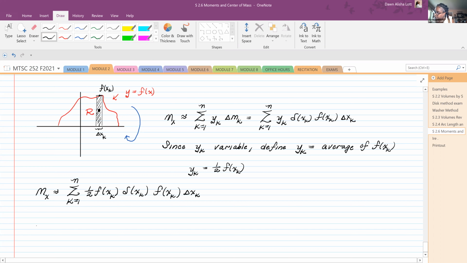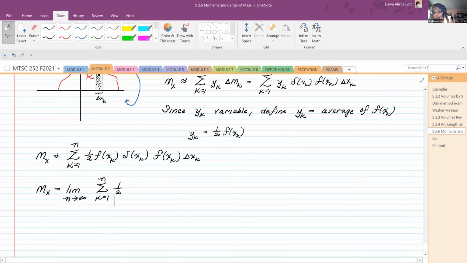And so therefore Mx is the limit as n goes to infinity of the sum k equals 1 to n of 1/2 f of xk, and f of xk gives me f of xk squared, delta of xk. I should have put that in front. I normally do, delta xk.